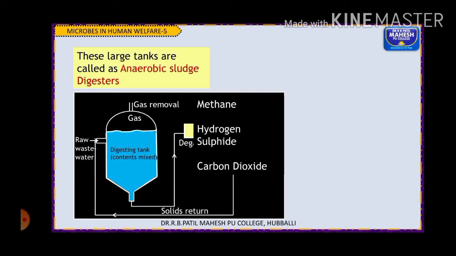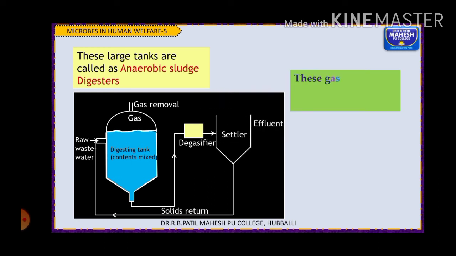Now these gases which are being produced, which are the gases, children? Methane, hydrogen sulfide and carbon dioxide. They are highly inflammable and can be used as biogas. So this is one importance, right? By treating the sewage, you can also get the biogas, right?